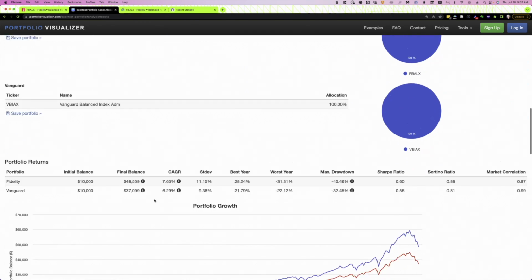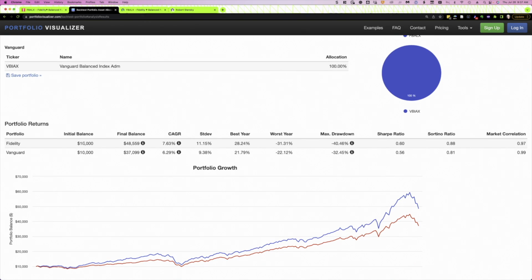And when we look at the results, sure enough, he's right. $10,000 in the Fidelity fund generated over $48,500 with a compound annual growth rate, which factors in the expense ratio, of 7.63%. And my $10,000 in a Vanguard fund would have only grown to just over $37,000 with a compound annual growth rate of 6.29%.